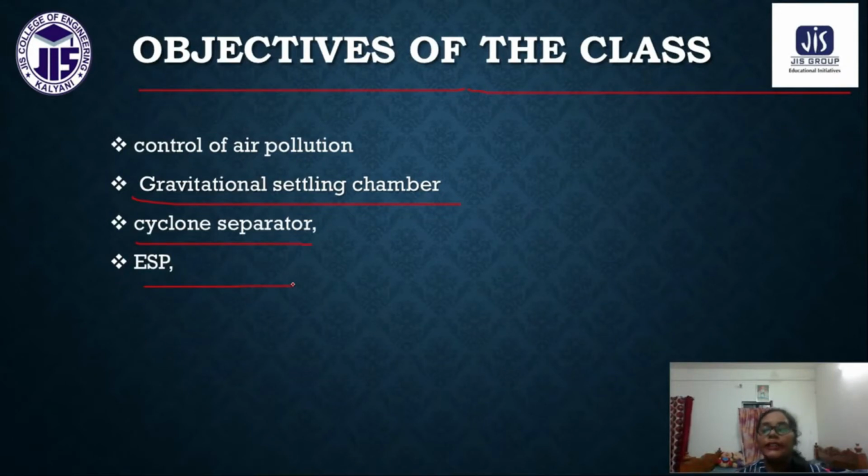We will see the fundamentals and the principle of these equipment, how they are working, how they can purify the air, and how they can control air pollution. These are the topics that we will discuss.